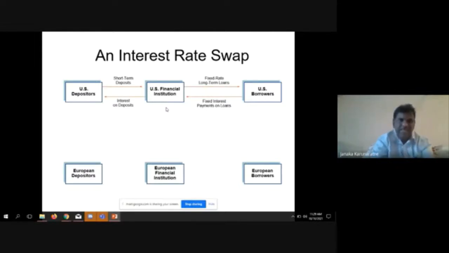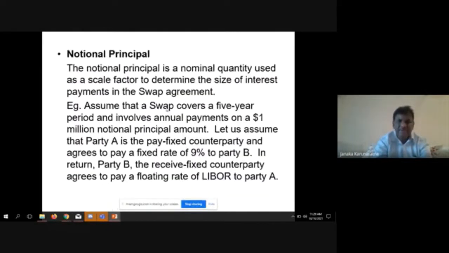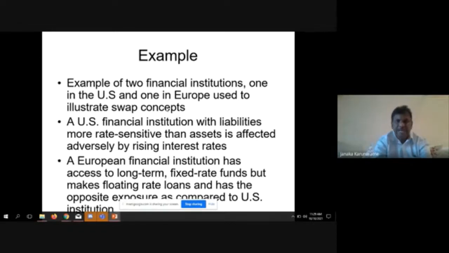Because of that they have a negative repricing gap. They are more liability sensitive. So when interest rates rise, they are adversely affected.